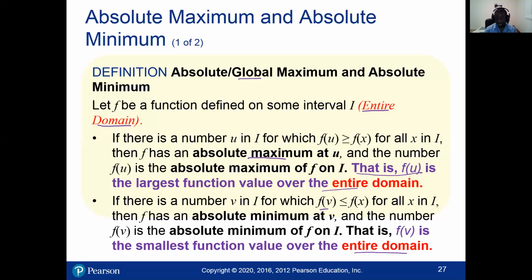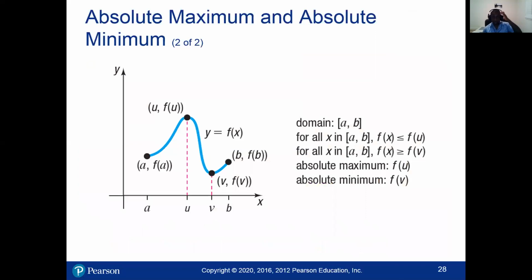Now, from this graph, as you can see, the domain of this function is from A to B, closed, because the values at A and B are included.